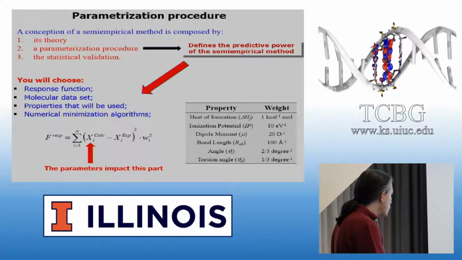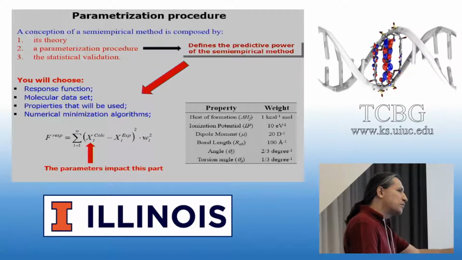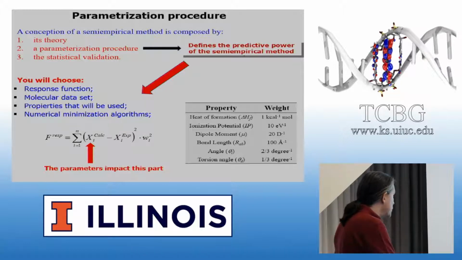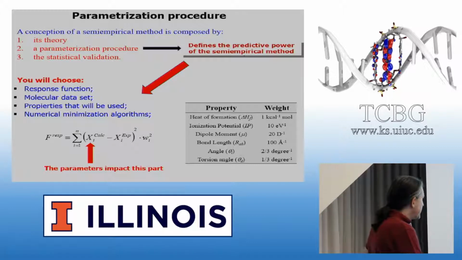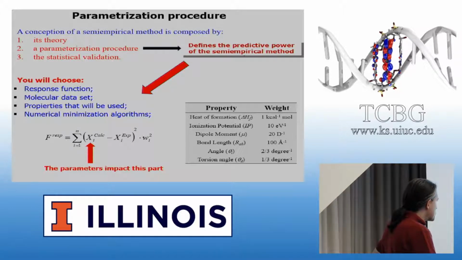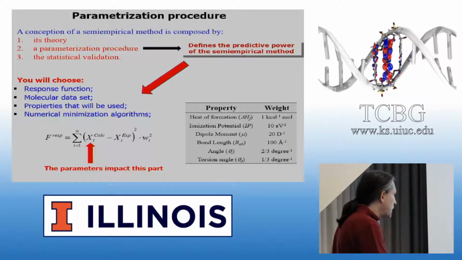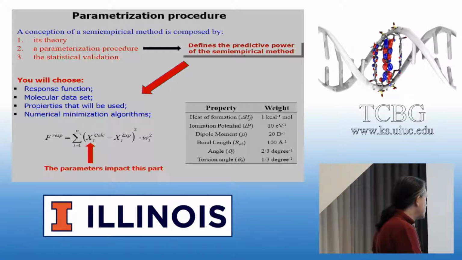And when you have a situation where these two parts of the equation are close, and you have a minimum in this function, the method is parameterized. The properties you consider in the parameterization procedure are heat of formation, ionization potential, dipole moment, and this part of the geometries.